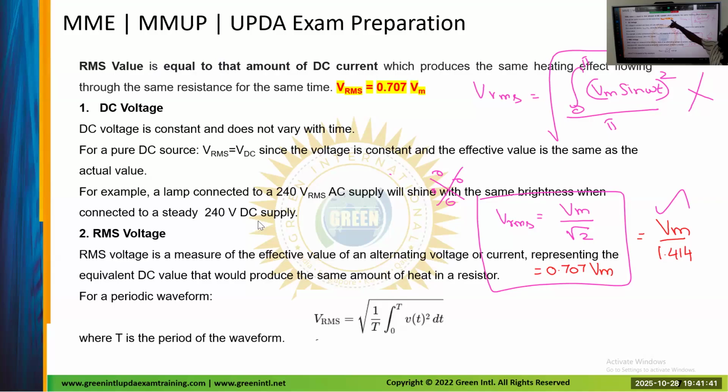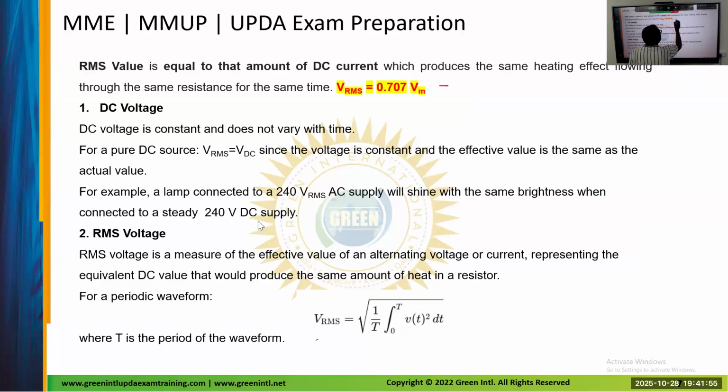That's why we memorize this formula. Vm by root 2: you can use the calculator, 1 by root 2 gives 0.707. So from the exam point of view, we just memorize this formula.